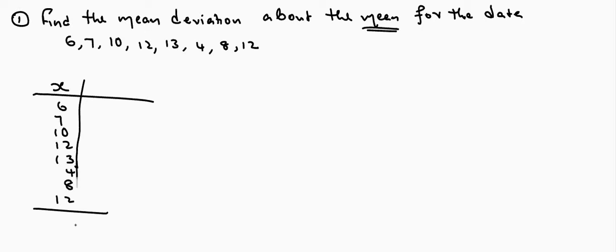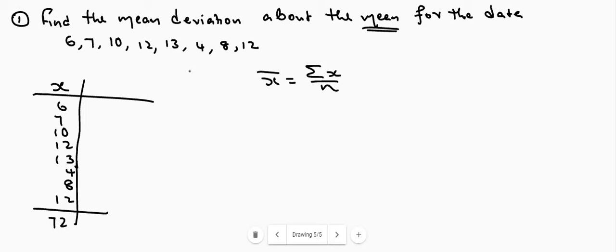We find the sum of the column x, which is 72. Then x bar, the mean, equals sigma x by n. This is ungrouped data, raw data or individual observations. So 72 divided by the number of observations, 8, which gives 9.